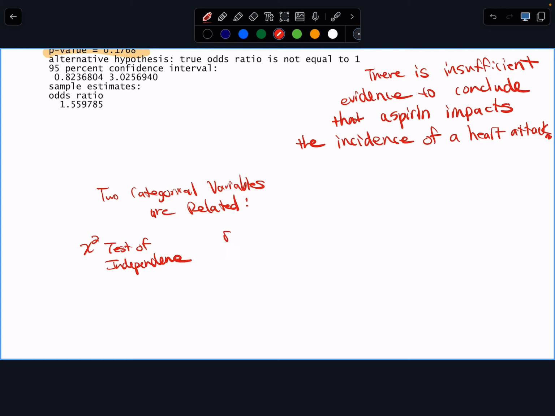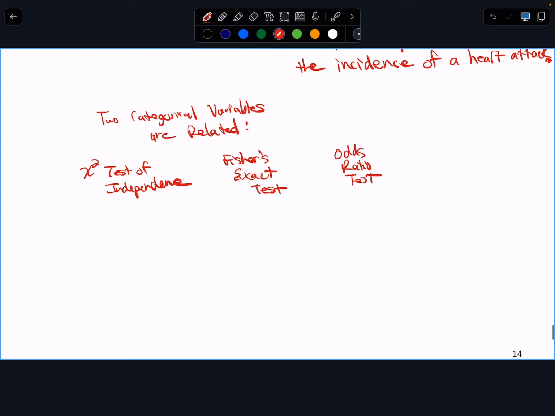We can use Fisher's exact test. And we have our odds ratio test, right? When we want to compare proportions, we can do p1 minus p2, p1 divided by p2, that was your relative risk, or we could do our odds ratio.